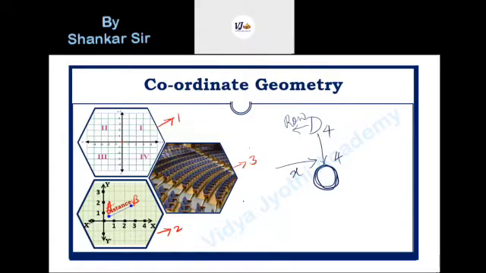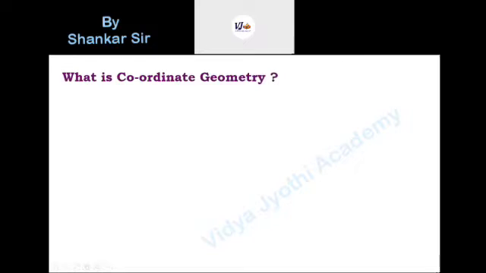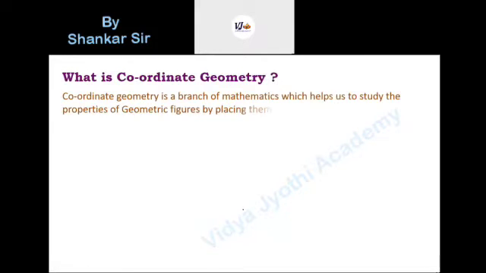So finally we can define it like this. Coordinate geometry is a branch of mathematics, as already explained, which helps us study the properties of geometric figures like lines, triangles and rectangles by placing them on a coordinate plane.